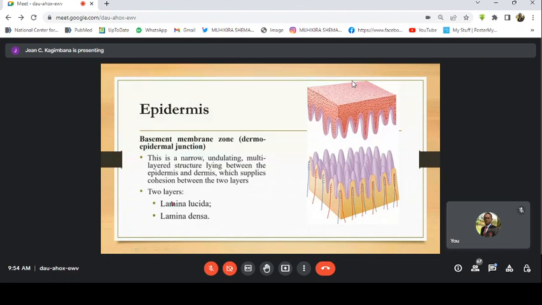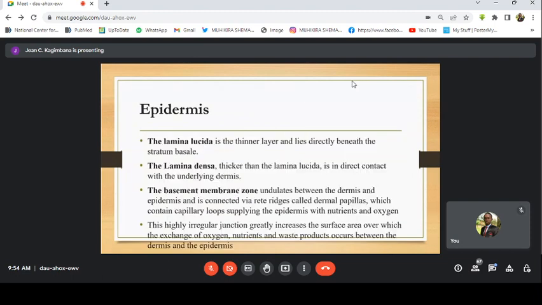Now, they are undulated, and then we have again these small layers, the lamina lucida and the lamina densa. All these are seen in the basement membrane zone.